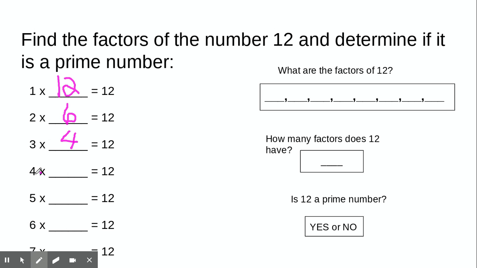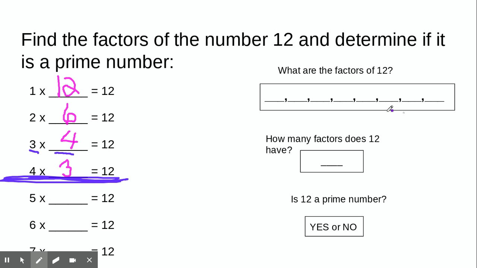How about 4? 4 times what number is equal to 12? 4 times 3. Ooh, we started repeating factors. We already have a 3 and a 4 up here. So when we start repeating factors, we can stop. So we will stop right there. So what are the factors of 12?